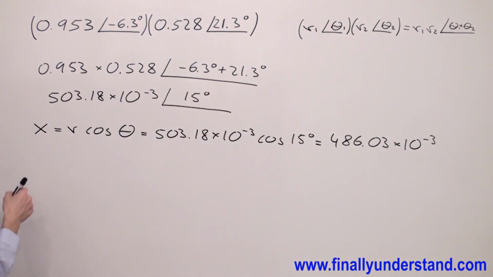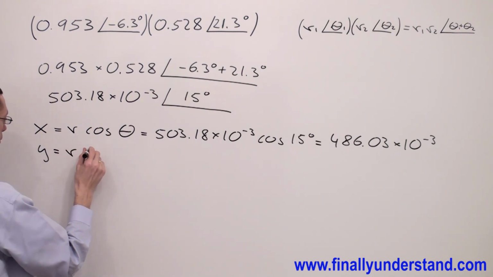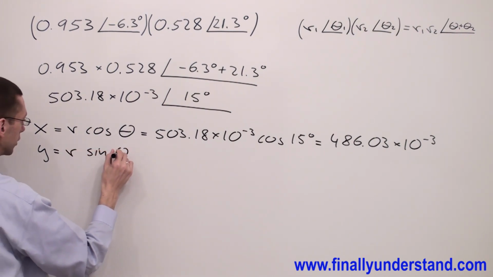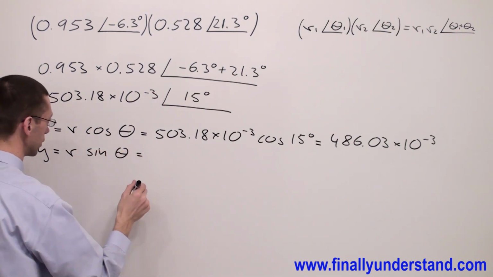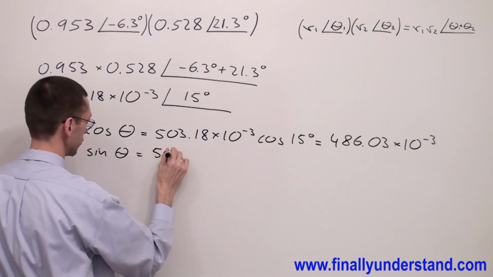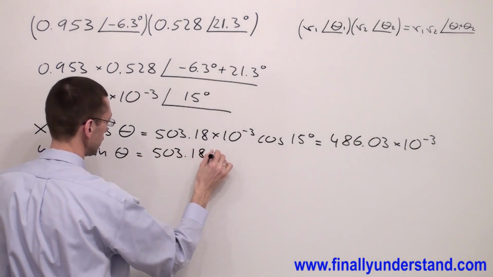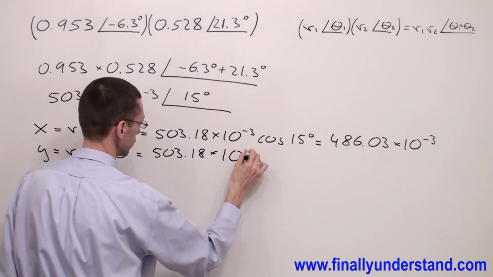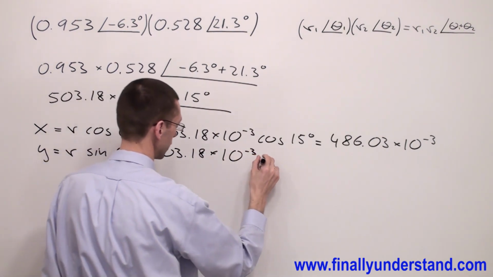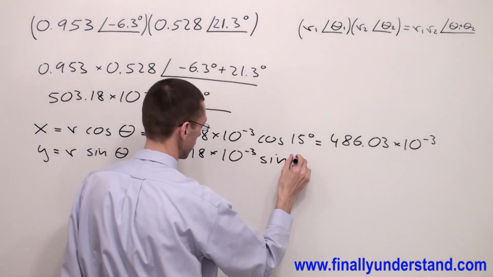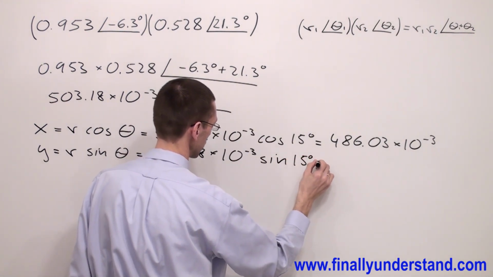If I want to find the imaginary part, y, I'm supposed to multiply the magnitude of my phasor times sine of angle theta, which is equal to 503.18 times 10 to negative 3 times sine of angle 15 degrees.